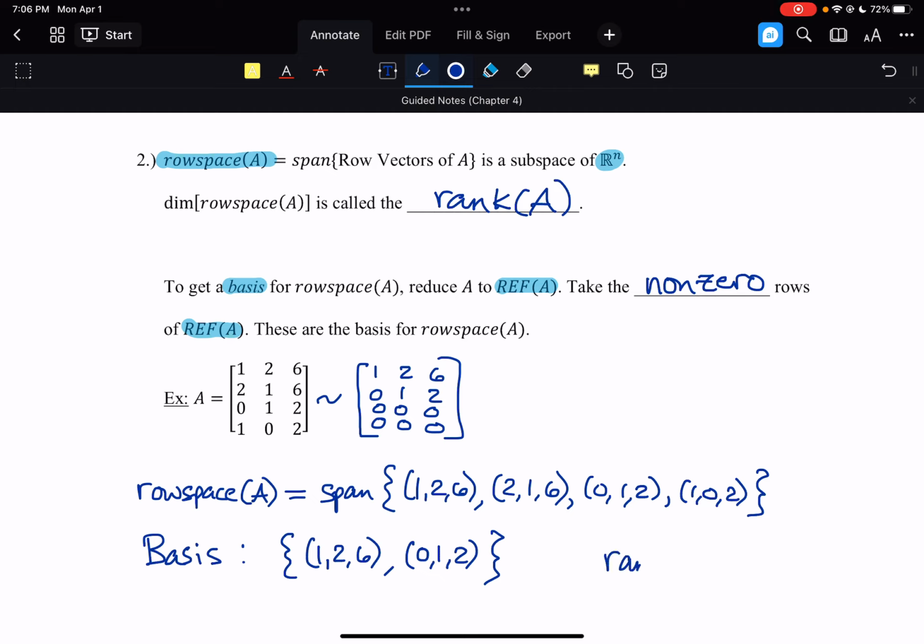So in this case, the rank of A is the number of vectors in the basis, right? That's the dimension of the row space. So that is 2.